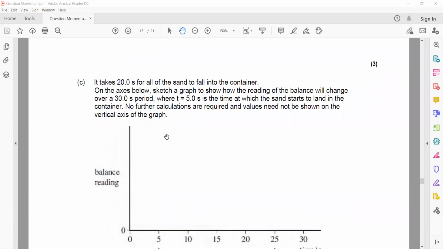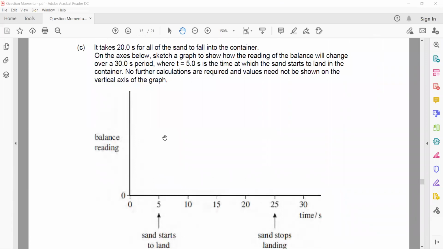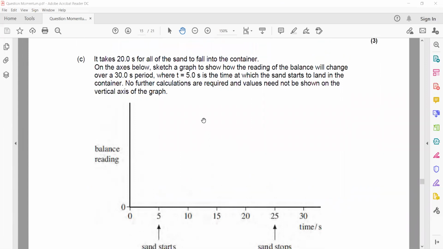Then 21C. In 21C, this is about the rate of flow. Because it is moving at a constant rate and already some mass is there, that is the mass of the container.